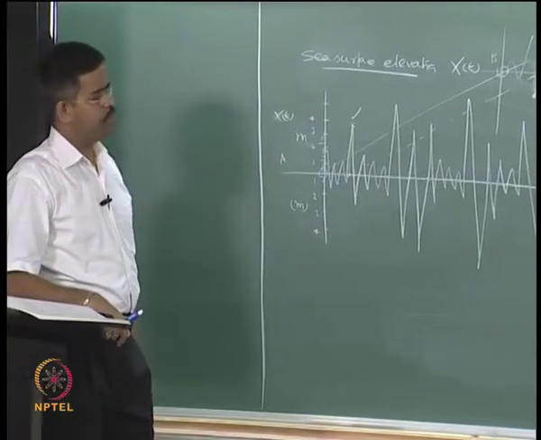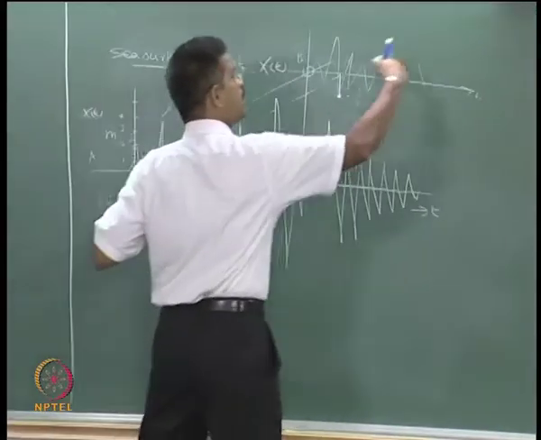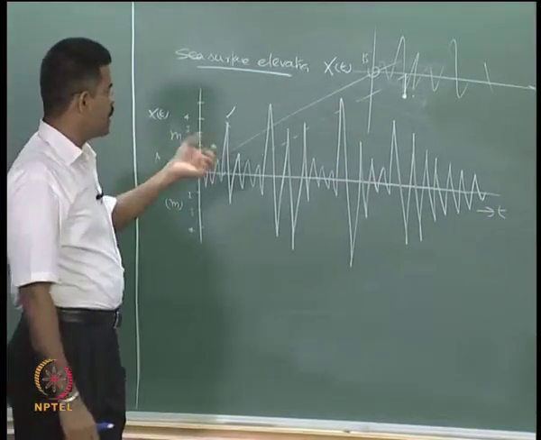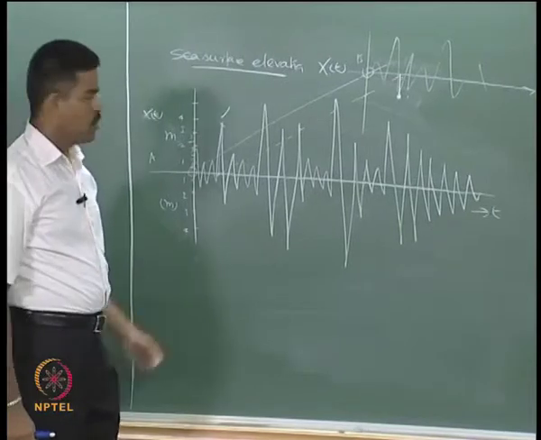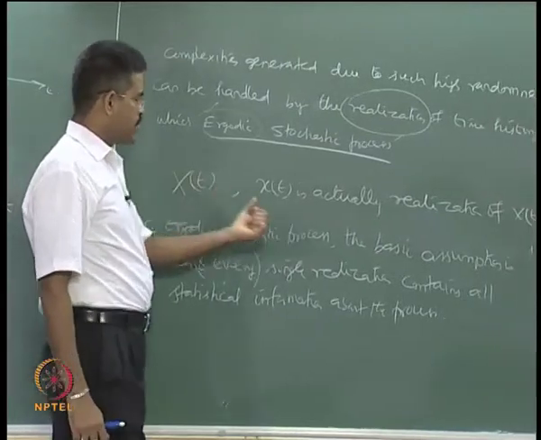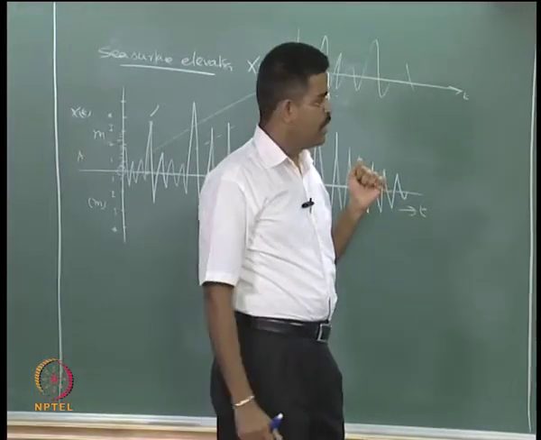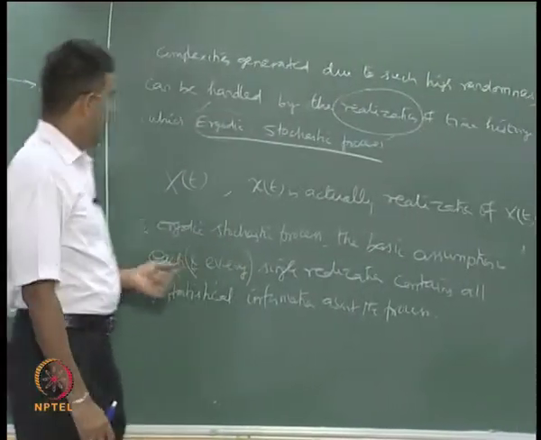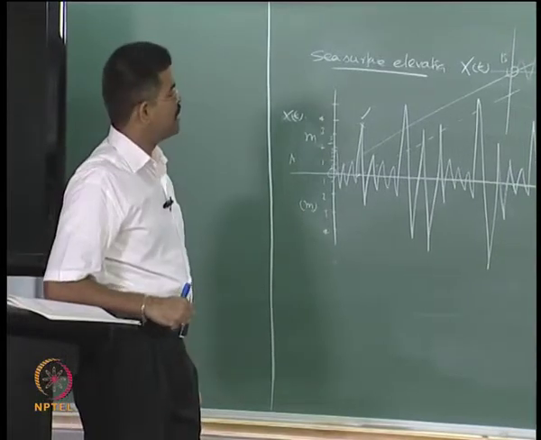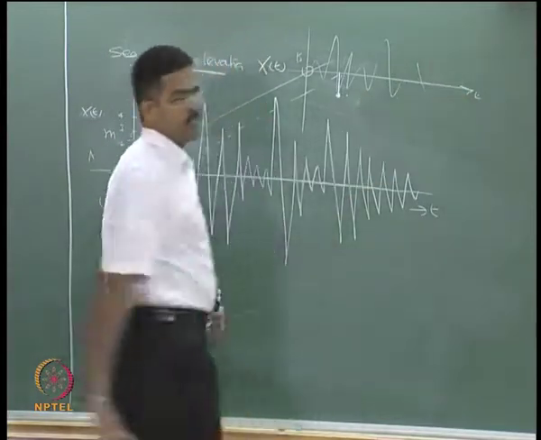High randomness is there. To simplify this, out of all the infinite number of records available at A, B, C etc. observing the sea surface elevation, I pick up any one x of t, which is a segmental representation of capital X of t, which I call a realization, because x of t is a random process, and that is ergodic if this data which I am picking for my analysis, or the load history which I am using for my dynamic analysis, contains all the statistical information that any record contains in my ensemble.